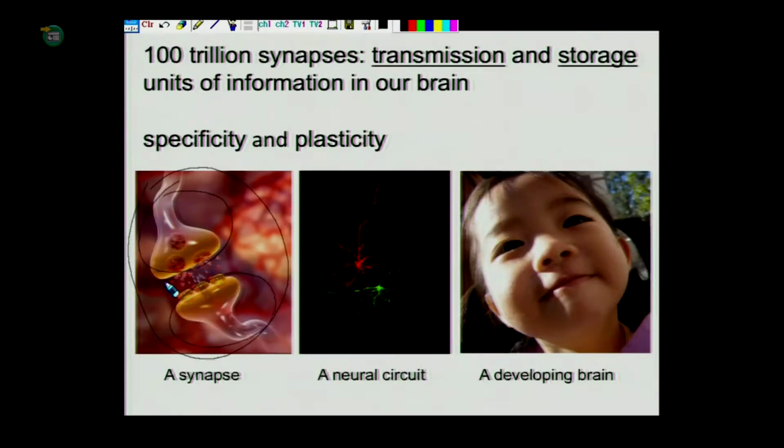There's a small gap that's about 20 nanometers across. And when there's an electrical signal coming in from the pre-synapse, so from a neuron A, the electrical signals will cause these little vesicles to dock and release the neurotransmitter's contents into this small cleft.